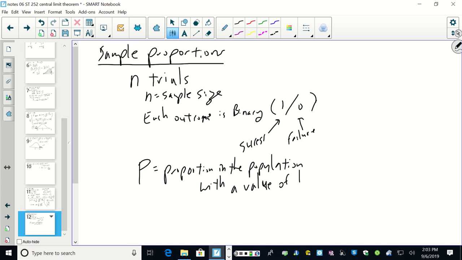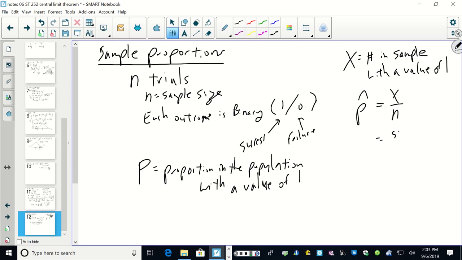And so X is then taken as a number in the sample with a value of 1. And P hat, this X over N, is the sample proportion.